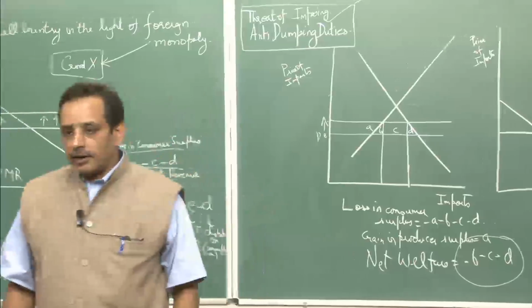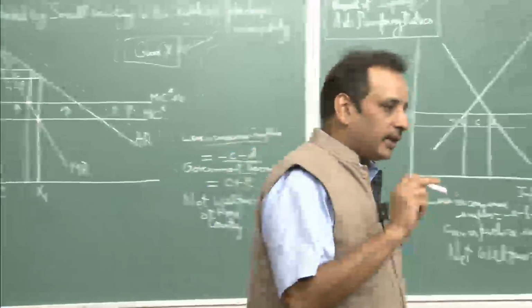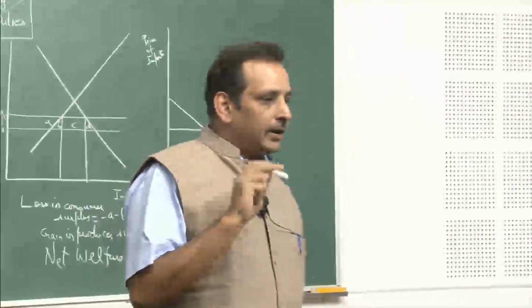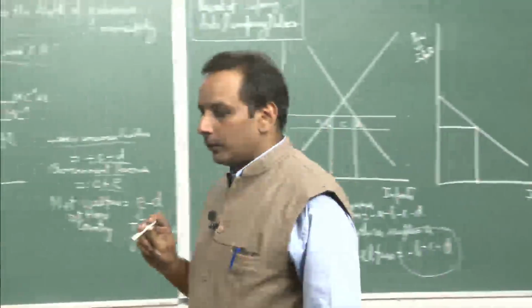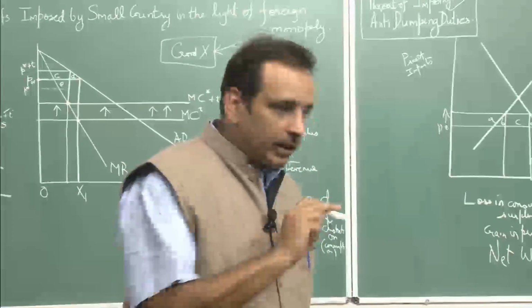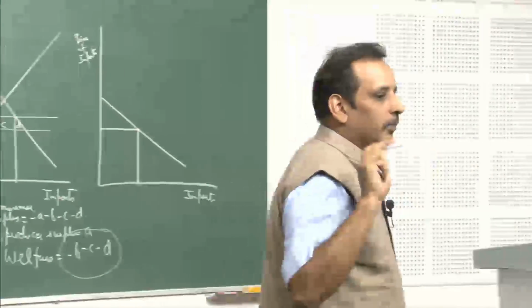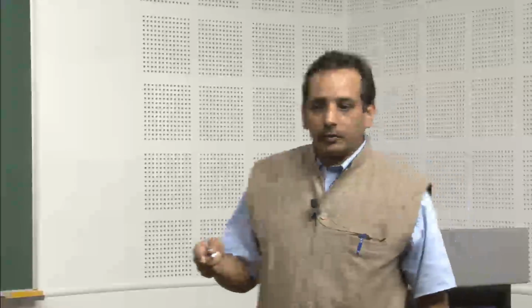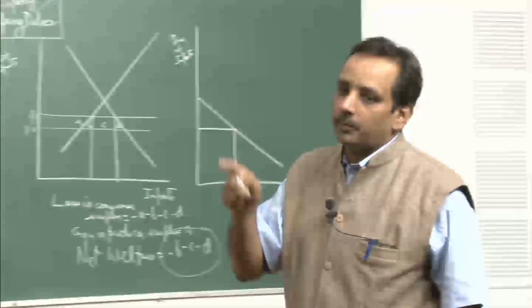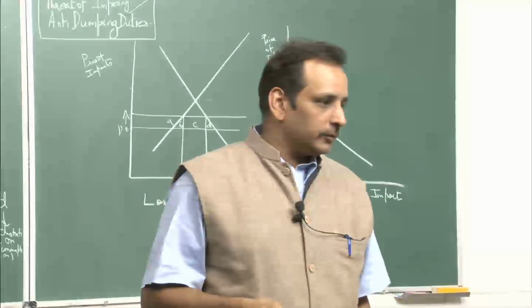And remember, under the WTO rules, there is nothing which says that dumping cannot be done. There is nothing in the WTO which says that dumping has to be stopped. WTO only talks about what corrective actions should be taken. And what are the corrective actions? Anti-dumping duties.